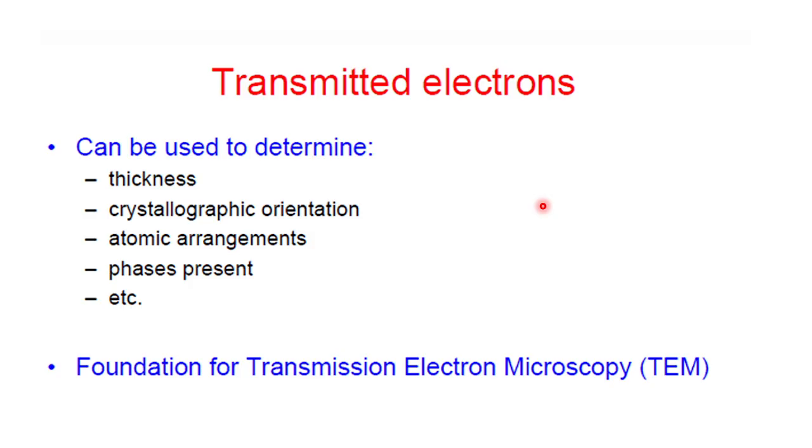And the next one is the transmitted electron, that is penetrating throughout the sample, and after penetration below the sample you have the detector, and you are detecting that transmitted electron. That can be used to determine the thickness, the crystallographic orientation, and the interface. That is very much important. We discussed how we can analyze the interface through the TEM technique. It also shows the different phases present in the sample, because based on the atomic weight, the transmitted electron will be different.